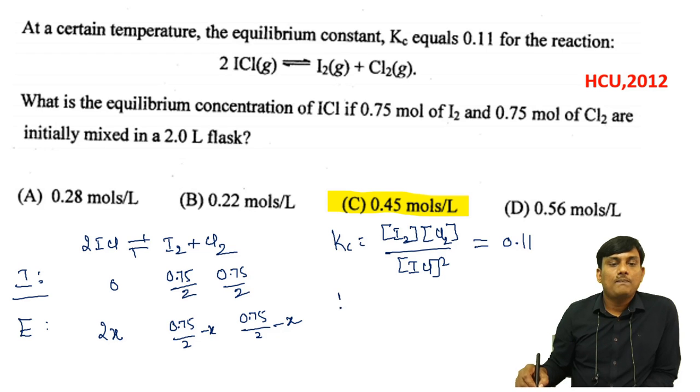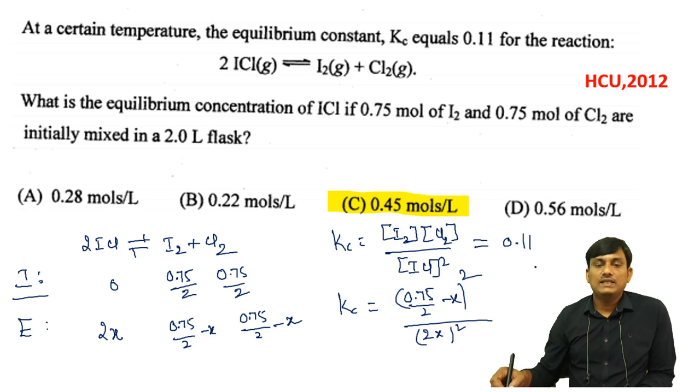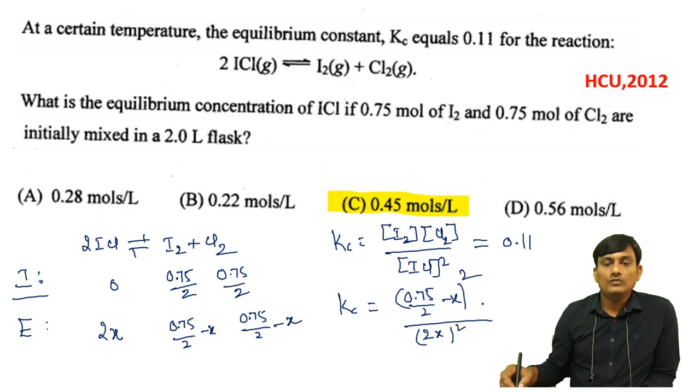So Kc is equal to 0.75 by 2 minus X, this is the concentration of I2, and also for Cl2, 0.75 by 2 minus X, so it will be squared, divided by ICl square, which will be 2X square. When you simplify this equation, this is equal to 0.11, and X will be equal to 0.225.